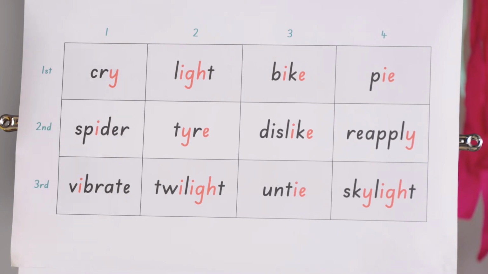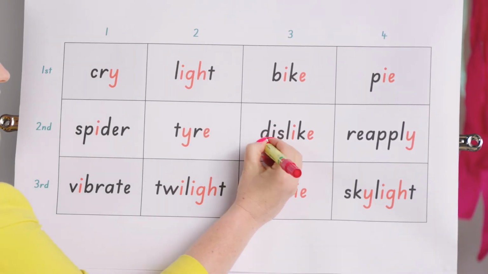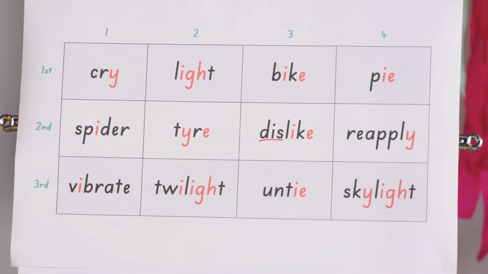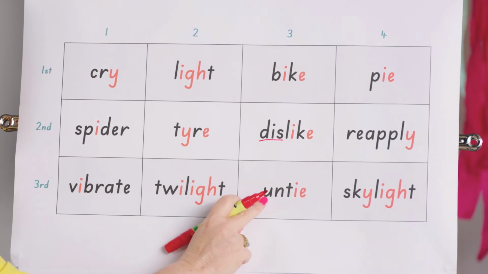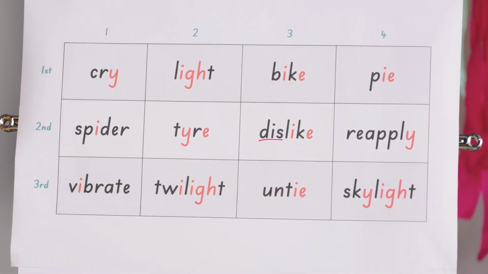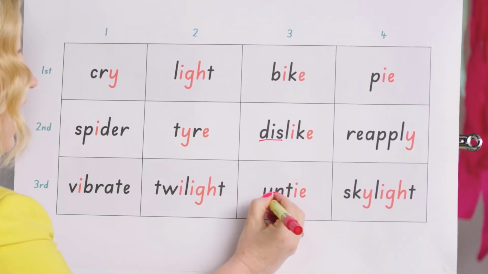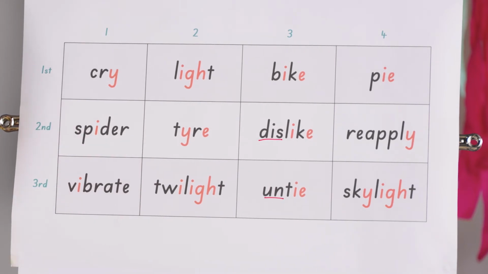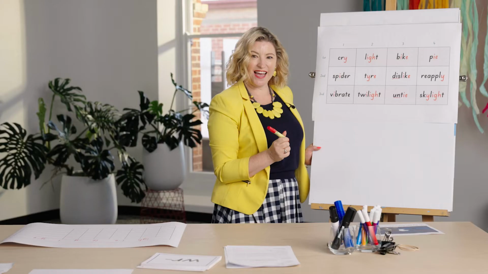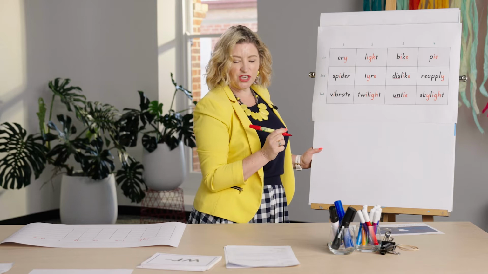Which prefixes mean not? Ah, you found them? This one here means not. Dislike. I don't like it. And un means not as well. Untie. Did you get both of those? Well done.